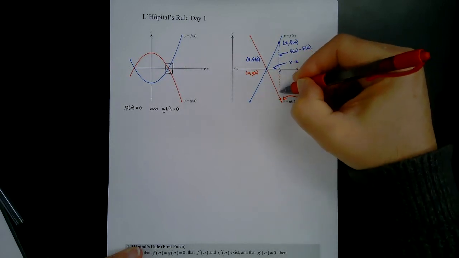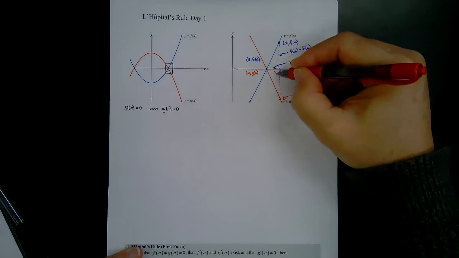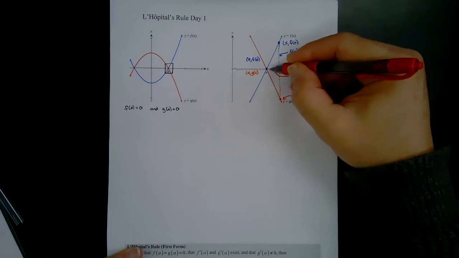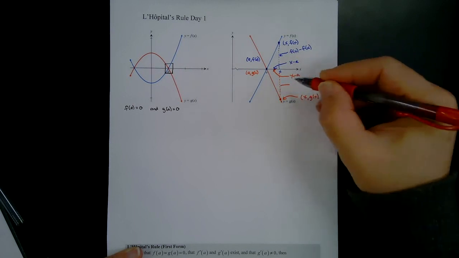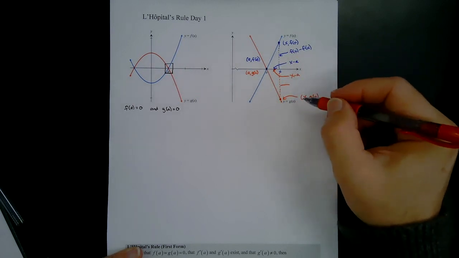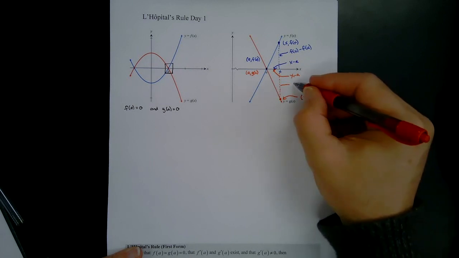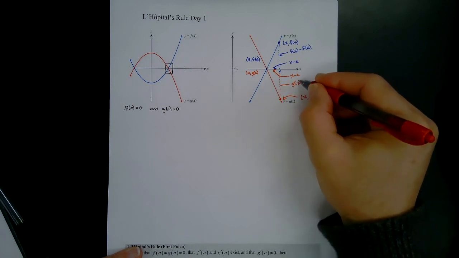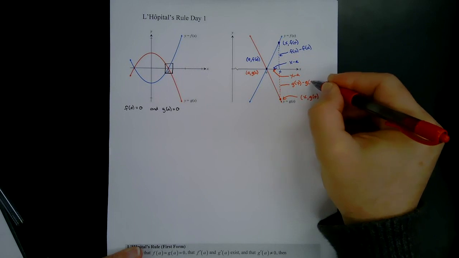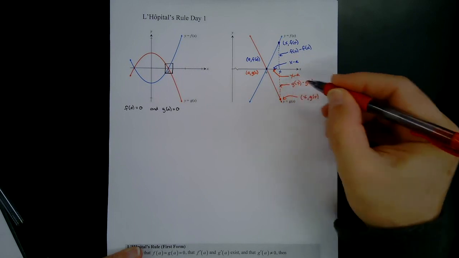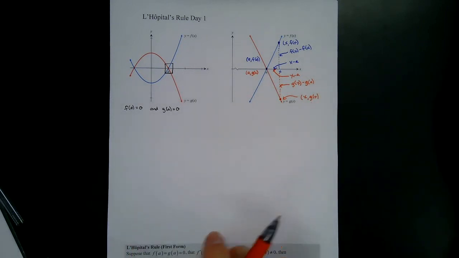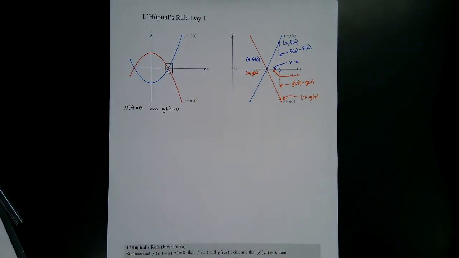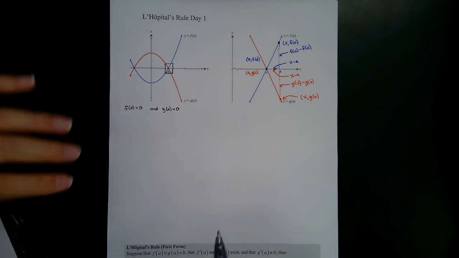So this horizontal leg would be x minus a, and this vertical piece would be g of x minus g of a. It would come out to be negative because g of x is lower than g of a. Okay, so now we're ready to describe some things.